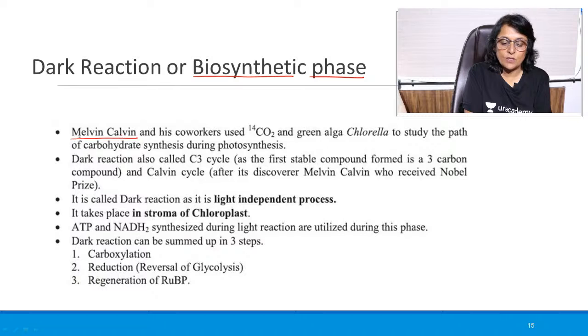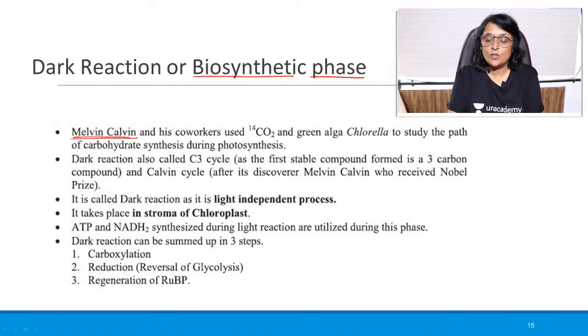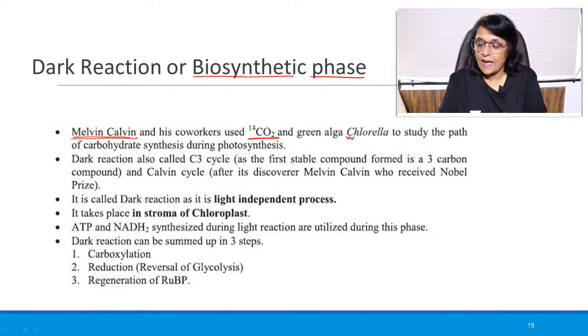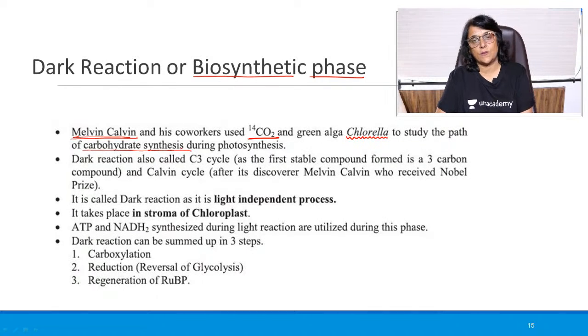Melvin Calvin was the scientist who actually worked using carbon dioxide with C14. The alga used was chlorella to study the path of carbohydrate synthesis during photosynthesis.